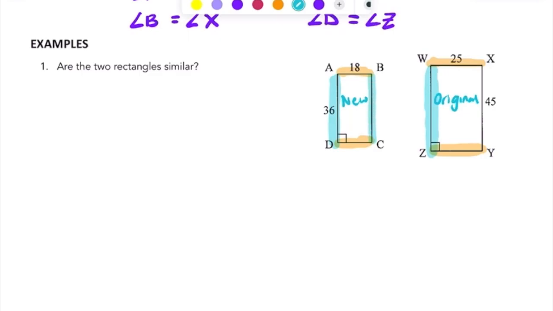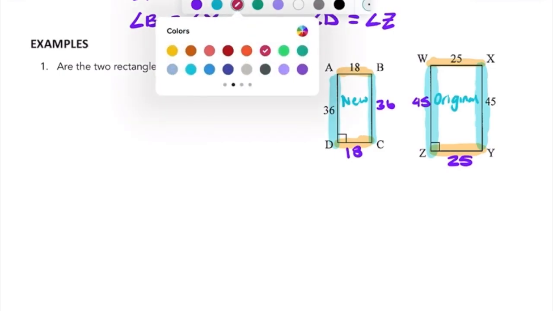So I'll notice that any of the blue measurements will correspond or should correspond with any of the blue measurements from each rectangle. And same with orange with orange. I could also very happily go ahead and label the missing sides of these rectangles, because I know that rectangles have two pairs of matching sides.